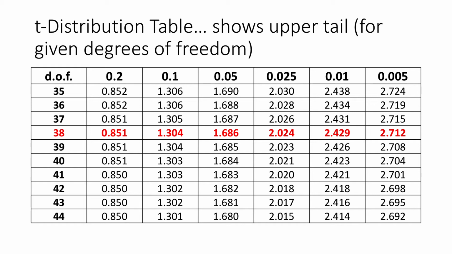If you start going across that row, you see a t-value of 0.851, then 1.304, then 1.686, then 2.024, then 2.429, and then the last value is 2.712. So there's no value of 8.11. All we know right now is that the area under the t-distribution to the right of 8.11 is less than 0.005, because our table just isn't precise enough to give us the exact value.